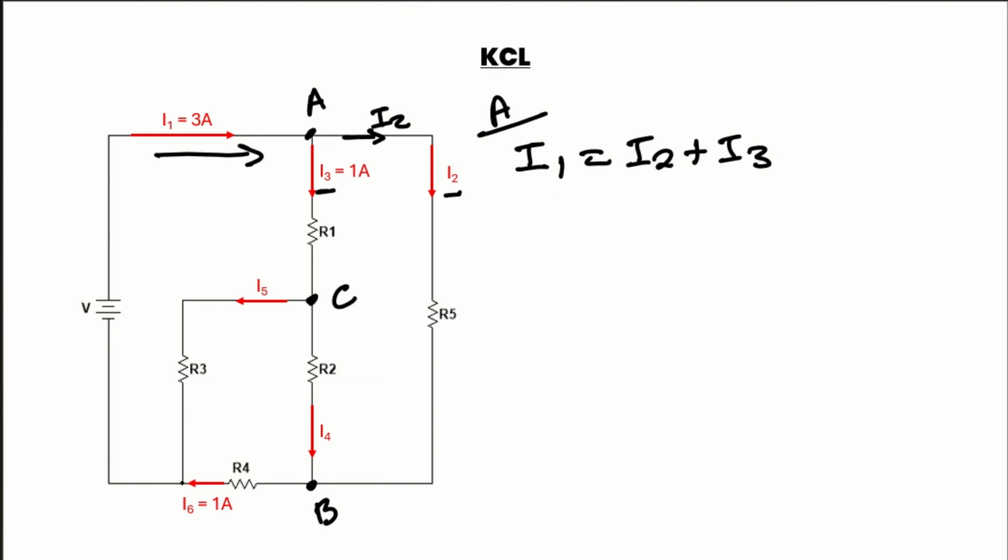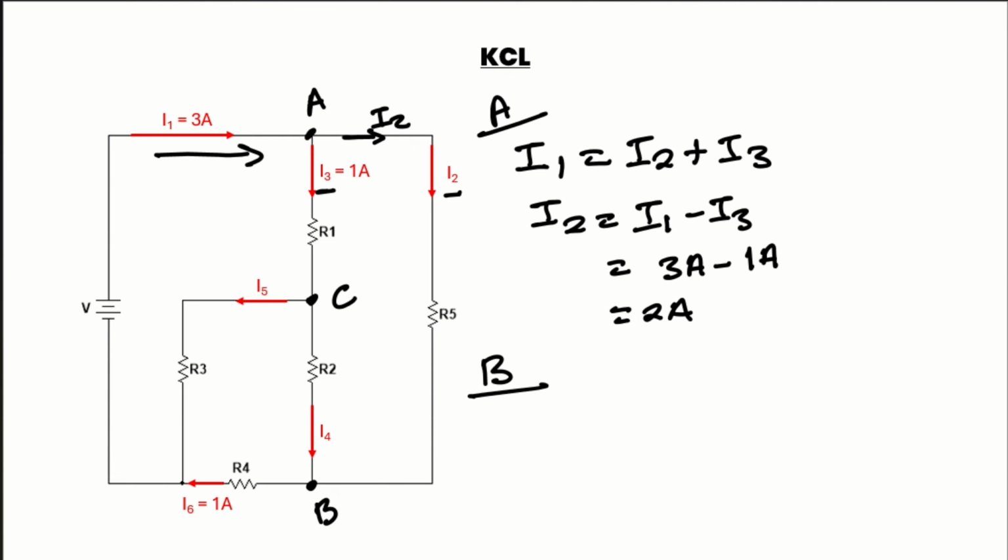According to this equation, you can find I2. It's I1 minus I3, where I1 is 3 amperes minus I3, which is 1 ampere, so I2 is 2 amperes.